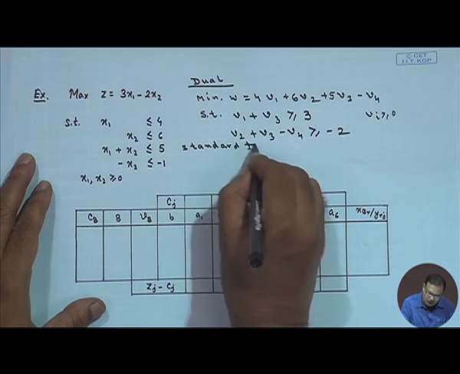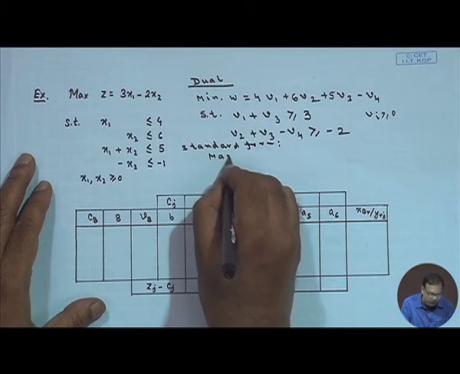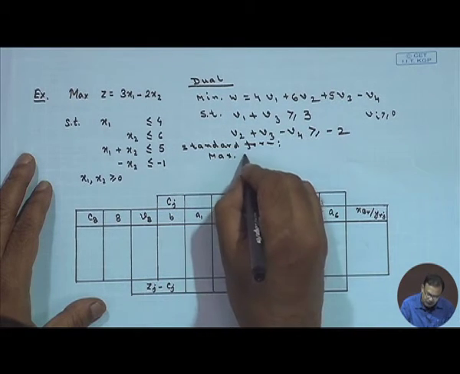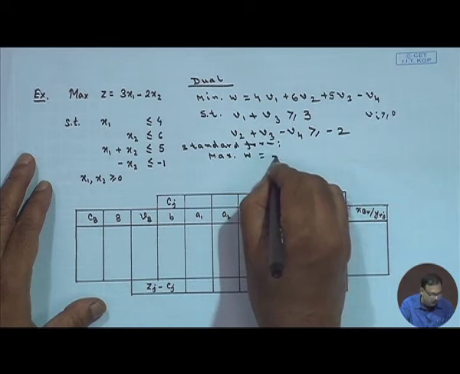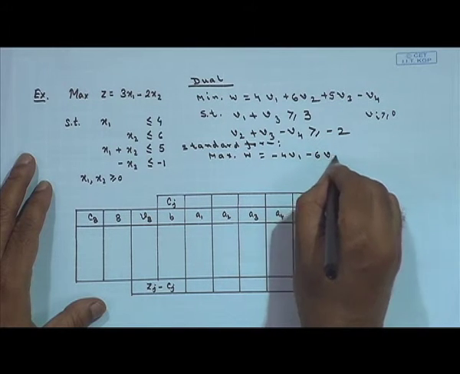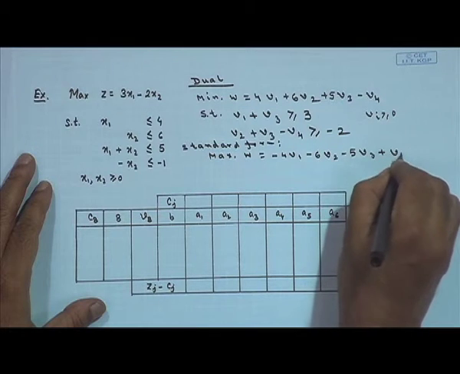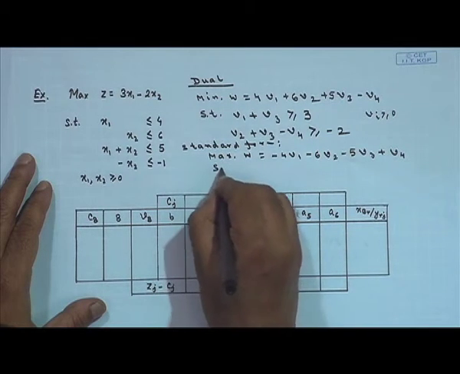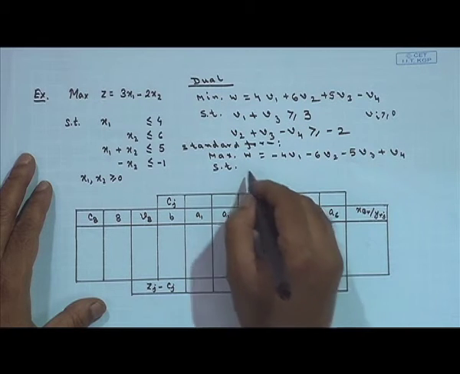The standard form I am writing of this dual problem: maximize, say, W equals, I am making a maximization problem, so minus 4 V1 minus 6 V2 minus 5 V3 plus V4, subject to, since I am making less than or equal, I have to add the slack variables.